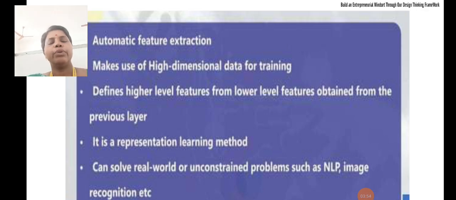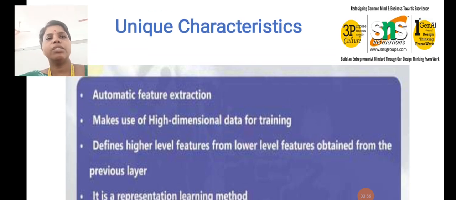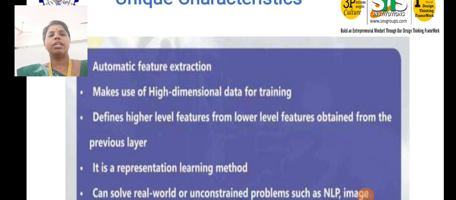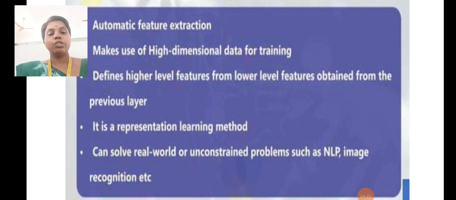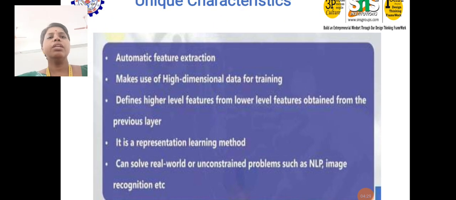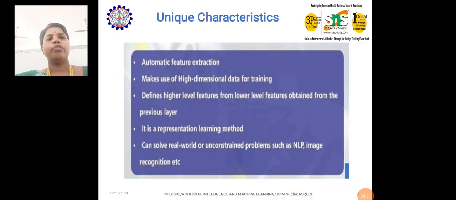So these are the unique characteristics of deep learning: automatic feature extraction, use of high dimensional data, defining higher level features from lower level features obtained from the previous layer, and being a representation learning method that can solve real world problems such as NLP and image recognition.